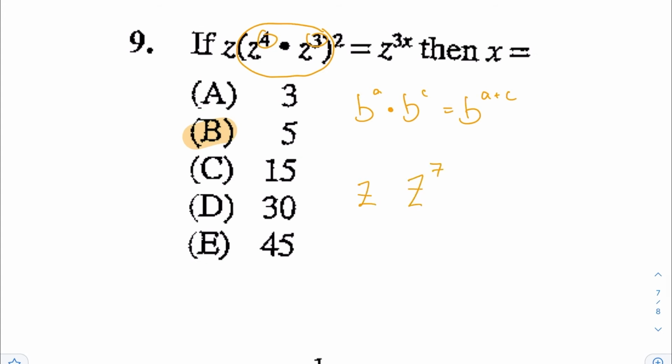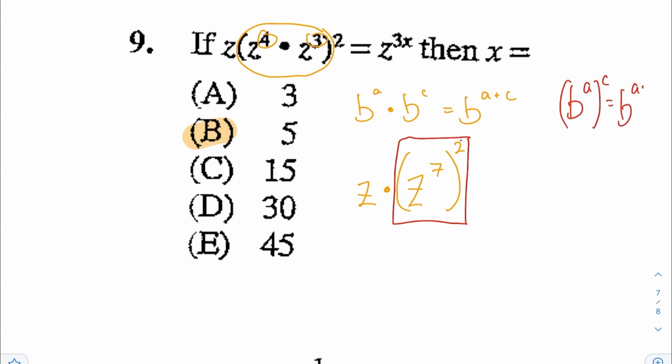So you have z times z to the 7th squared. And now you're going to do order of operations. So the exponent will be the next step. So to do the exponent, you have to do a power to a power. B to the a to the c power is b to the a times c. So this would be z times z to the 7 times 2, which is 14.